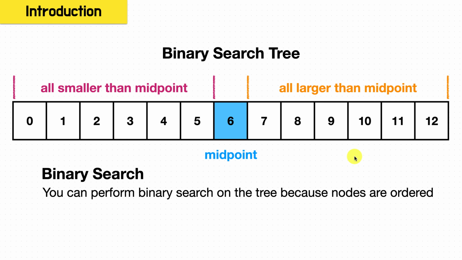So in a binary search tree, we can perform binary search because any given node is similar to a midpoint. And for a tree to be a binary search tree, it must be completely ordered so that all the items to the left of a node are all smaller and all the items to the right are all larger. So just as if it was an array. Each node is considered a midpoint, and left is smaller and right is larger.